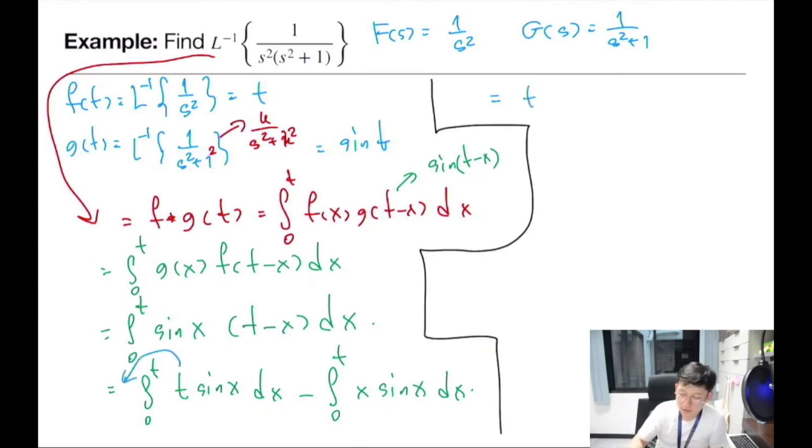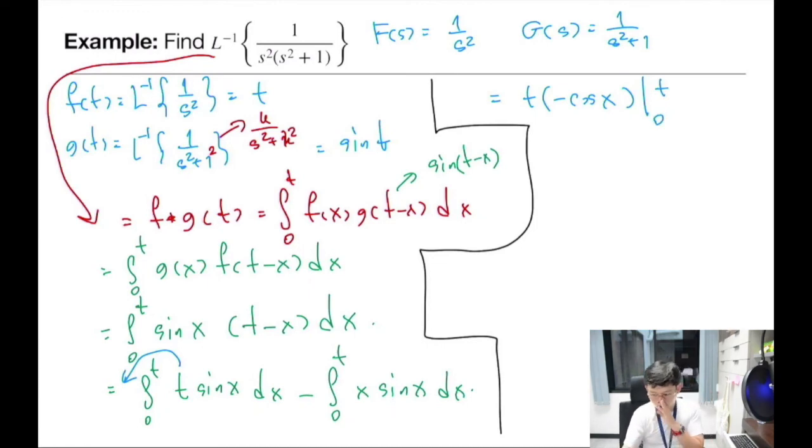You would get just t, and integrating sine is minus cos, isn't it? And then you evaluate from 0 to t. Okay, and the other one is this integration x sine x. You need to do integration by parts.